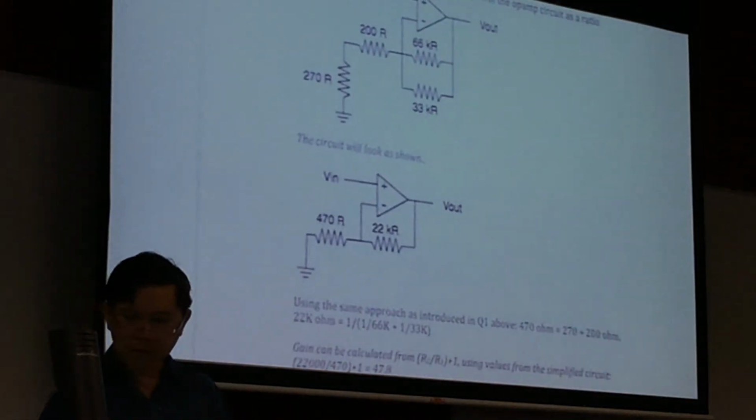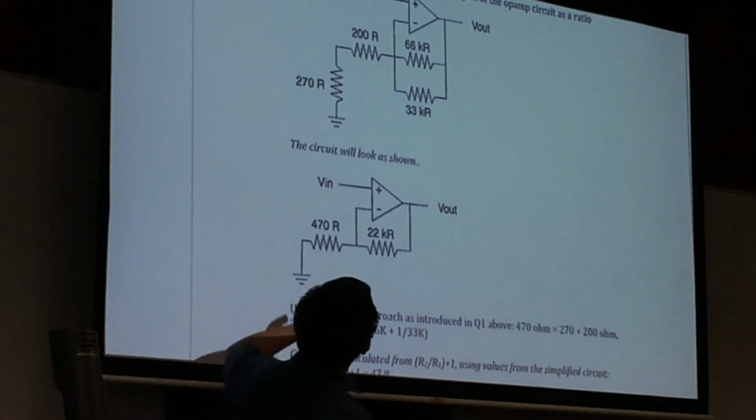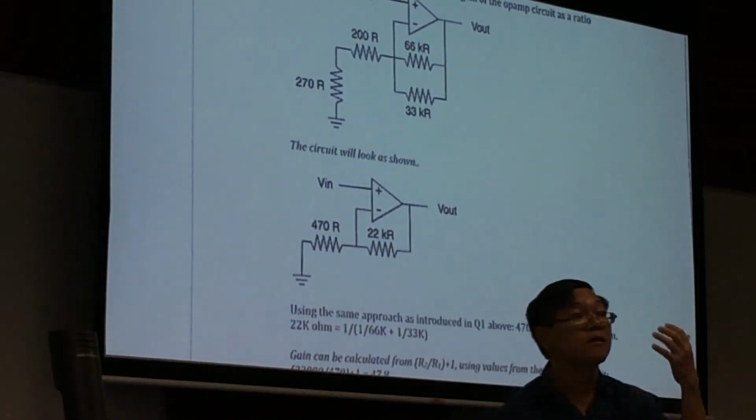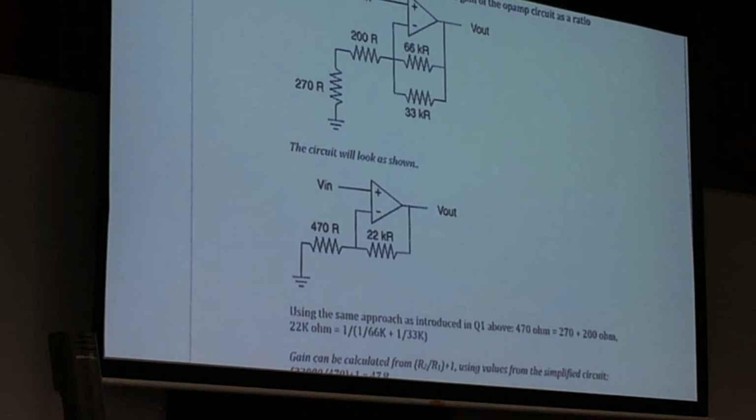Okay, number 10. I do not intend to do too much, but basically, remember the summary sheet that I have? Whenever it's parallel, simplify them. Whenever it's series, simplify them. Is that clear? After you simplify, you have the simple formula. In this case, what's your input?